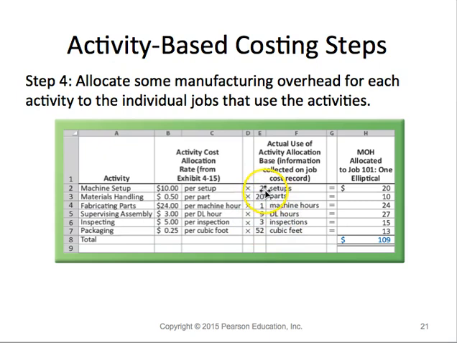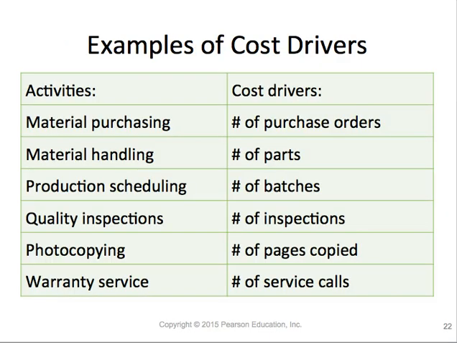And so we have 2 setups, 20 parts, and so on. So for this job, we are going to have $109 being allocated for job 101. Okay, for each equipment.